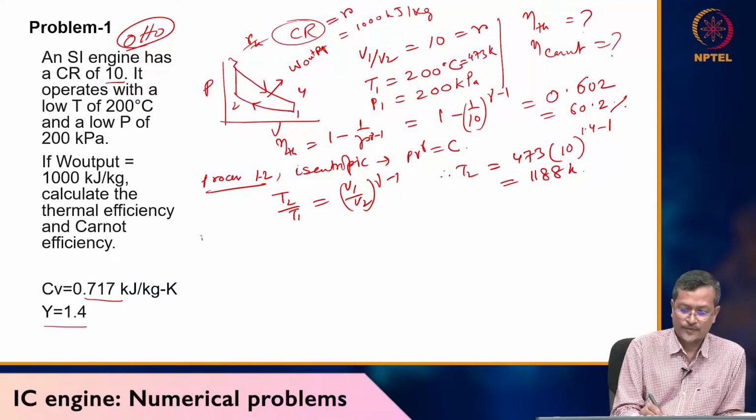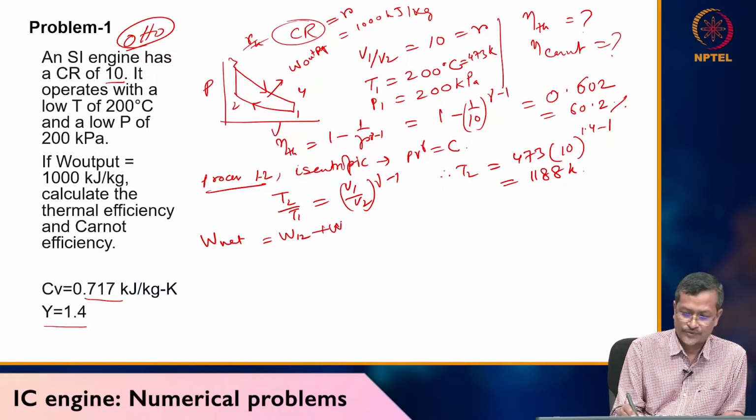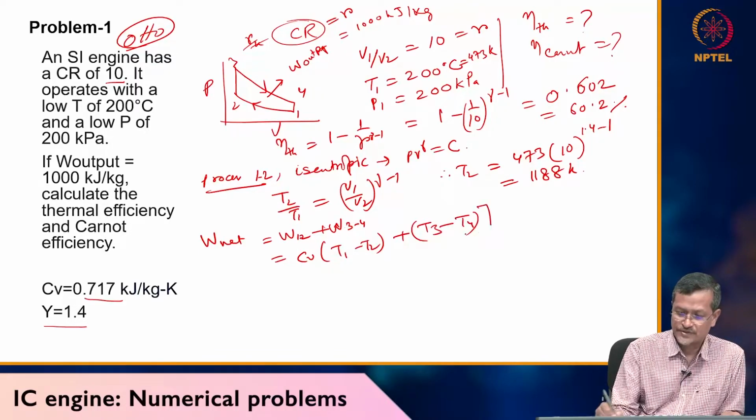Okay, so net work output W net equals the 1 to 2 process compression work plus the 3 to 4 process work. Now for the 1 to 2 process, Cv (T1 minus T2), plus Cv (T3 minus T4). We are assuming Cv is constant. Now this gives 1000 equals 0.717 times (473 minus 1188) plus (T3 minus T4).